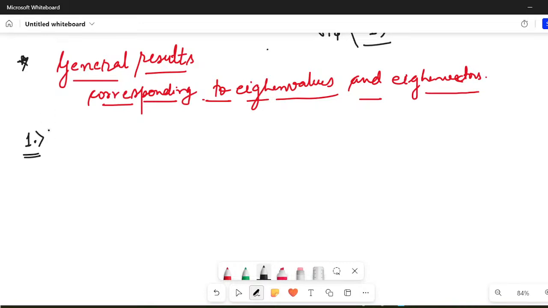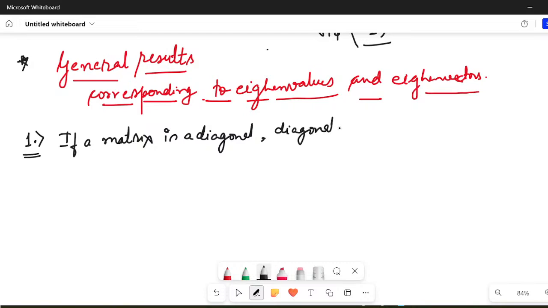Now, the first point that one needs to remember is that if a matrix is a diagonal matrix, then the diagonal elements will give you the eigenvalues. The diagonal elements are nothing but the eigenvalues themselves.